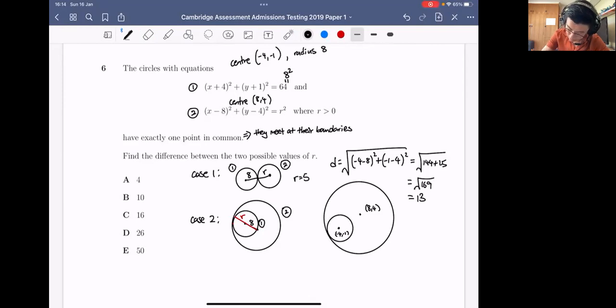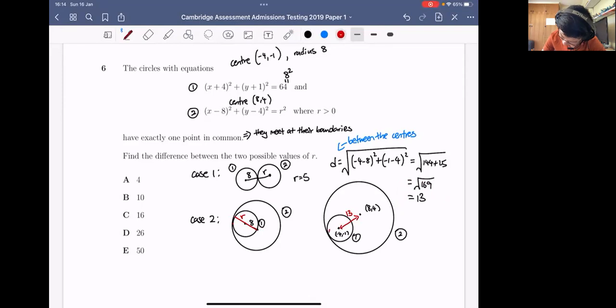We know that the distance between here to here is 13, as specified by this distance here. So this is the distance between the two centers. But then we also know that the little circle, which is circle 1, has a radius of 8.